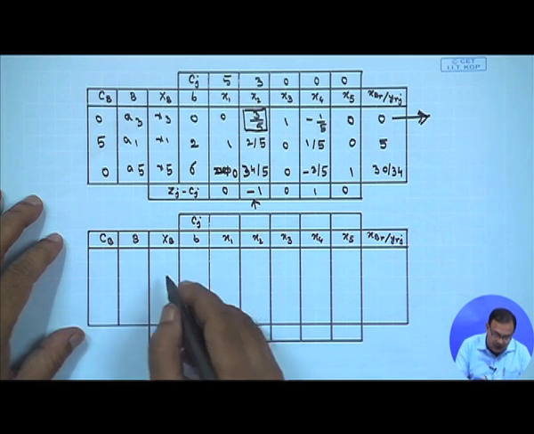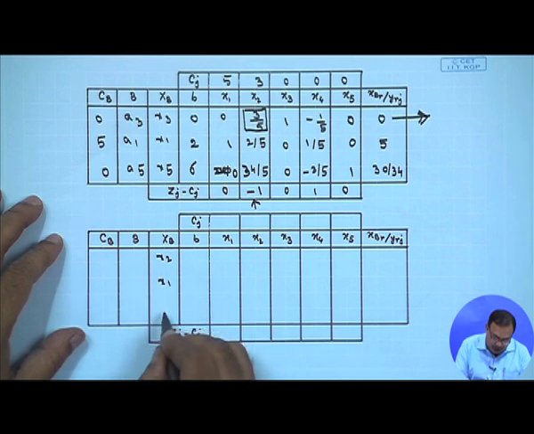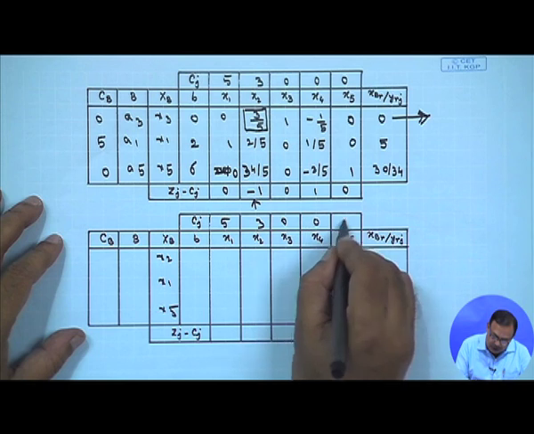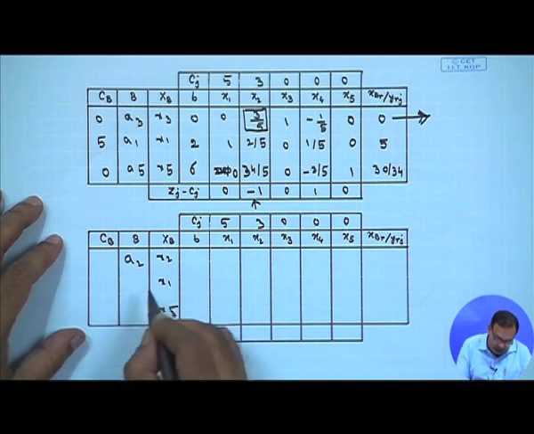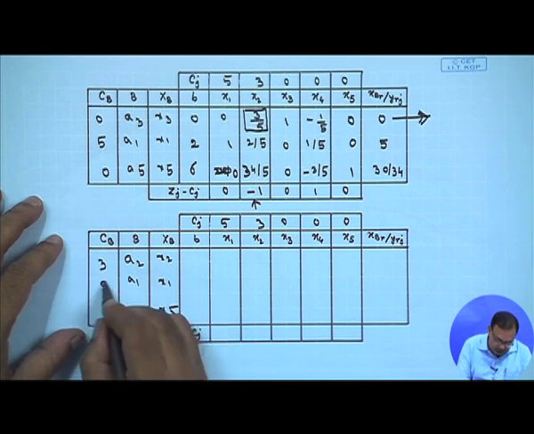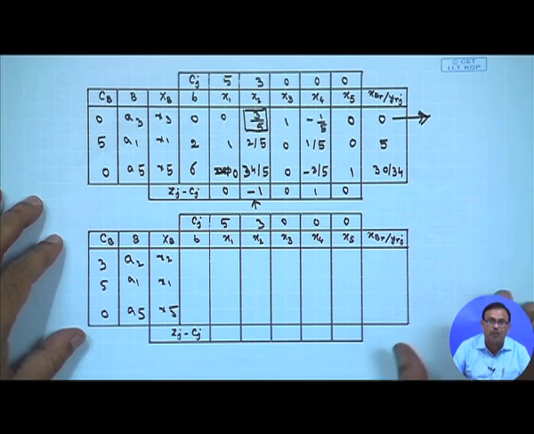In the next table, your x3 is going out, it will be replaced by x2. So, x2, x1, x5, 5, 3, 0, 0, 0 and CB is A2, A1, A5. These values are 3, 5 and 0. So, pivot element will be 1, all other elements of that column will be 0.